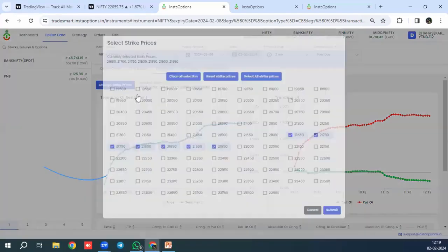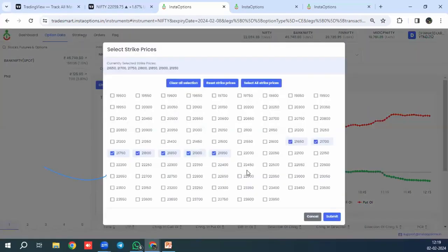Now, when it has shot up more than 200 points in Nifty, or if it has shot up more than 1% in any index, then we can change to the present one. Now we can see 22,000 is the ATM strike, right? So we'll go for 22,000 and 3 strikes below that. Okay. And 3 strikes above that. 7.